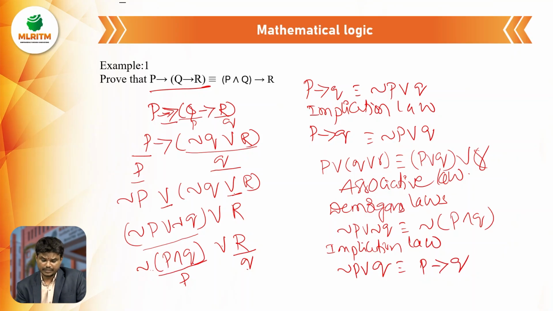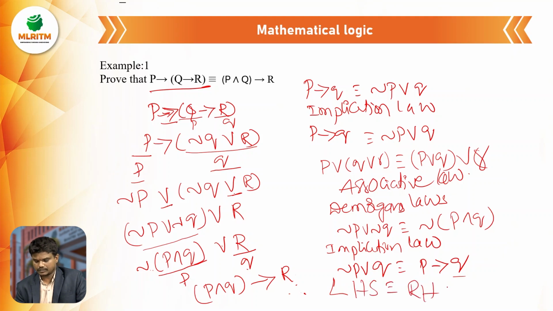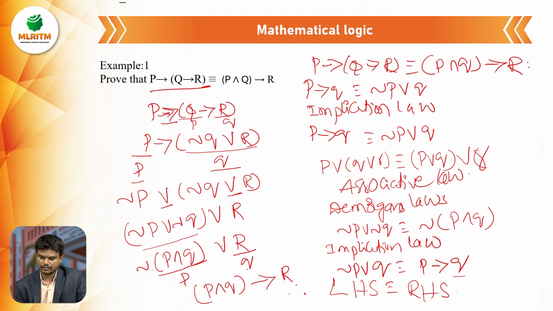P is the negation of (P and Q). What is the Q? Q is the R. So (P and Q) implies R. So we prove that LHS is equivalent to RHS. That is, P implies (Q implies R) is equivalent to (P and Q) implies R.